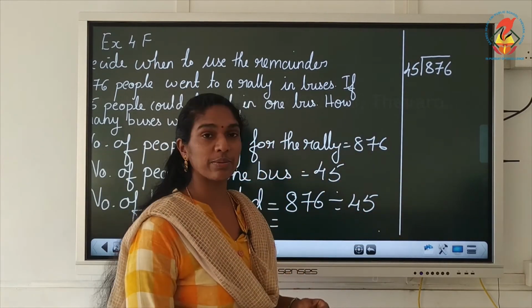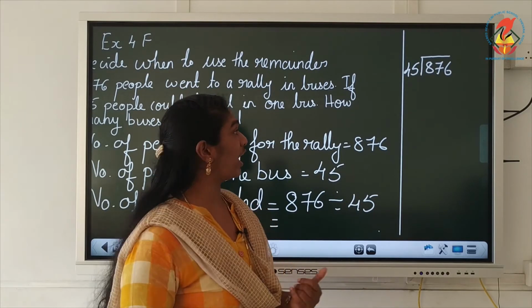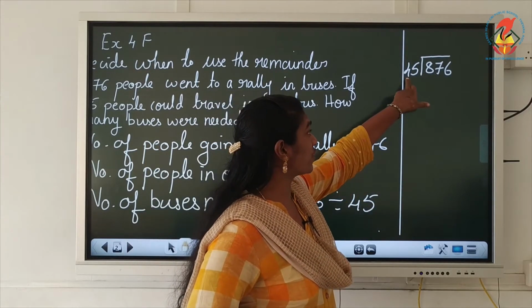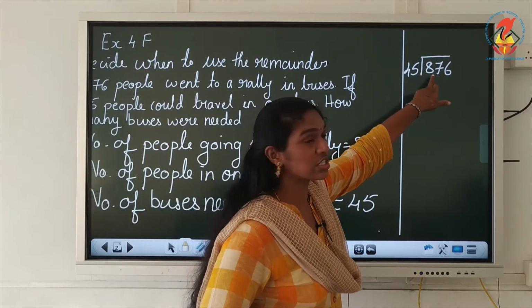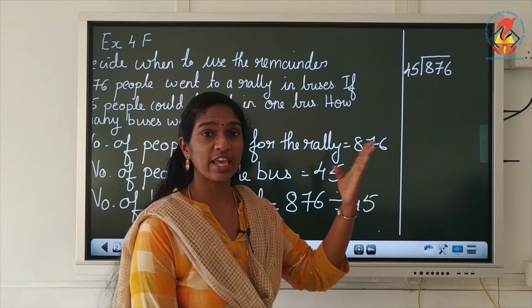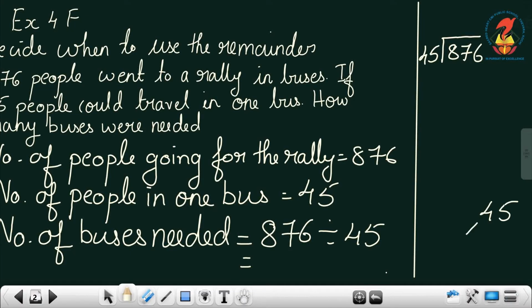You have to find out a number either equal to 87 or less than 87. What is the method that I have told you? You will take the first digit from here and the first digit from here. Fourth table where you will get 8. Yes, 4 2s are 8. So try what is 45 into 2.